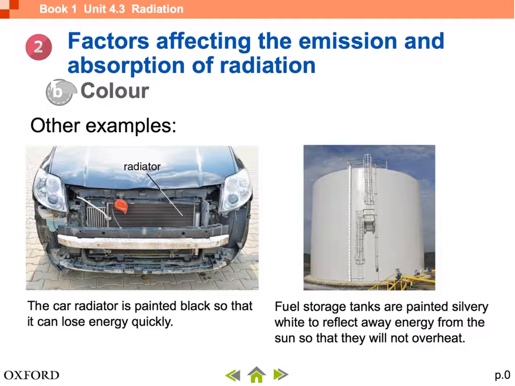So we want to maintain the temperature uniformly. As white or silvery paint will absorb less and at the same time radiate less radiation. Some of them even will reflect the energy away. As a result, the fuel tank will not overheat.